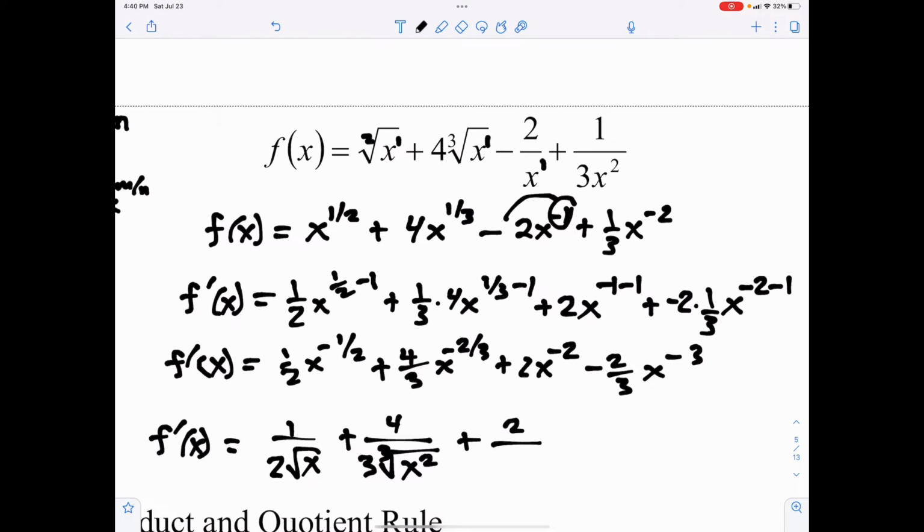Plus 2 over x squared minus 2 over 3 x cubed.